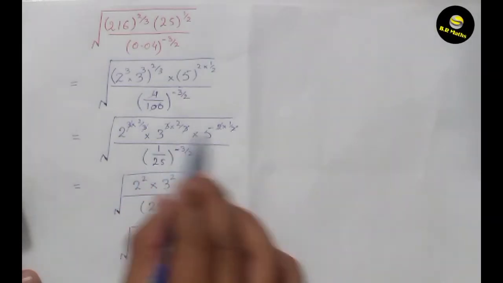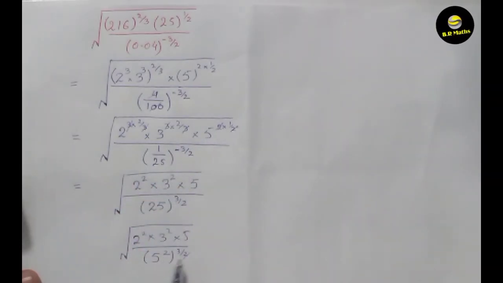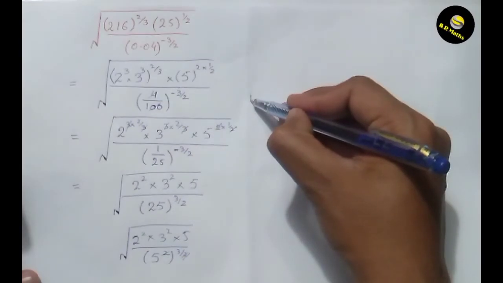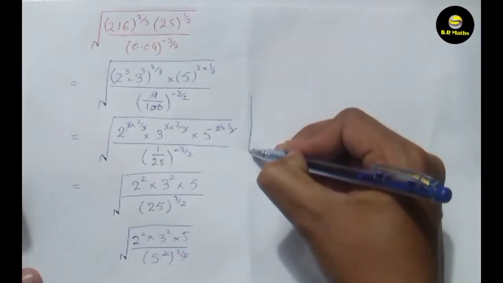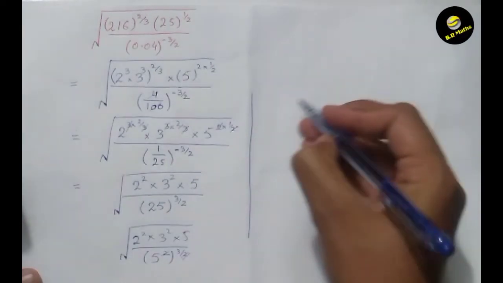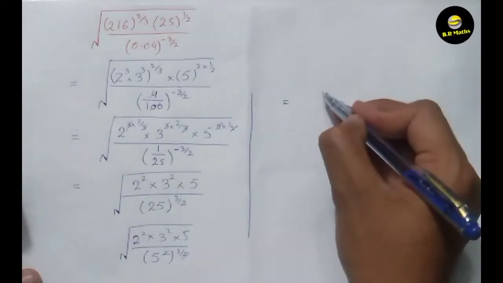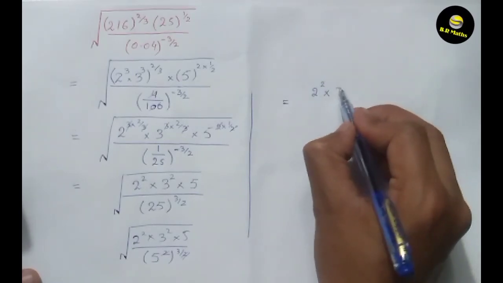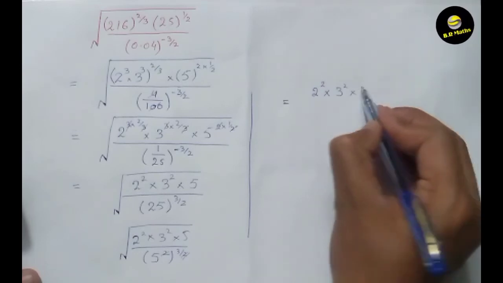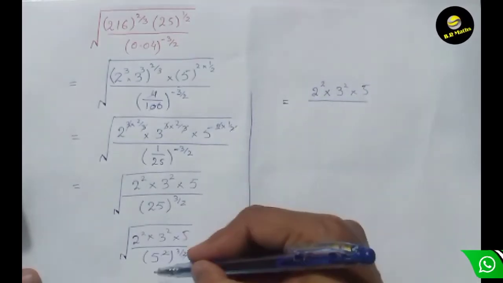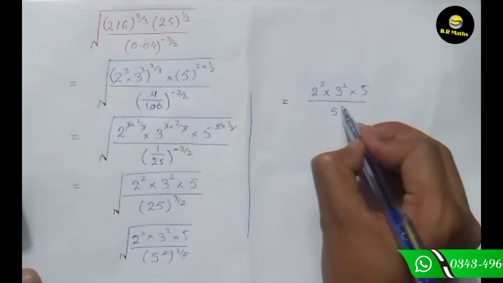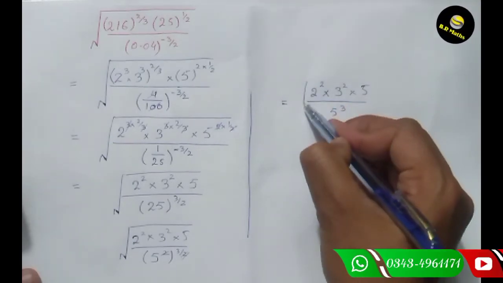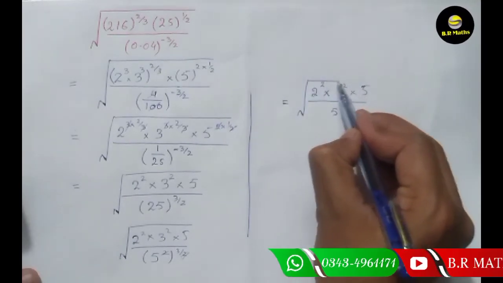Similarly, this 2 cancels with this 2, and the remaining is 2 square, 3 square multiplied by 5, and in the denominator it becomes 5 cube.